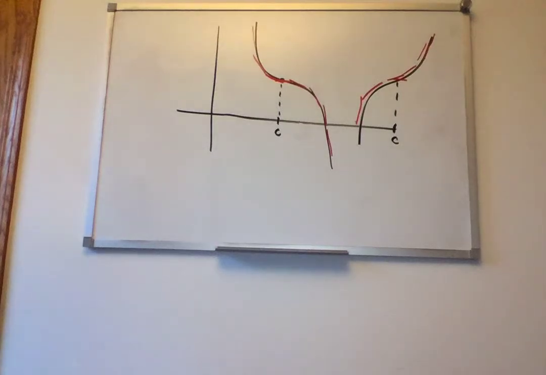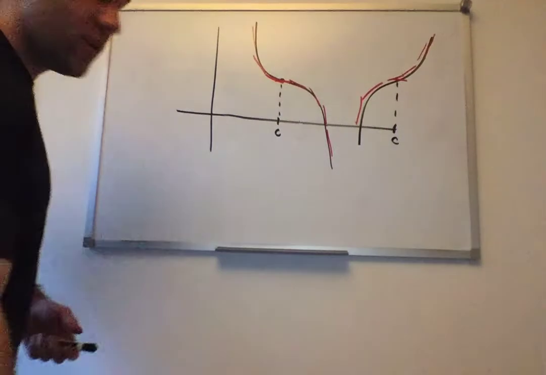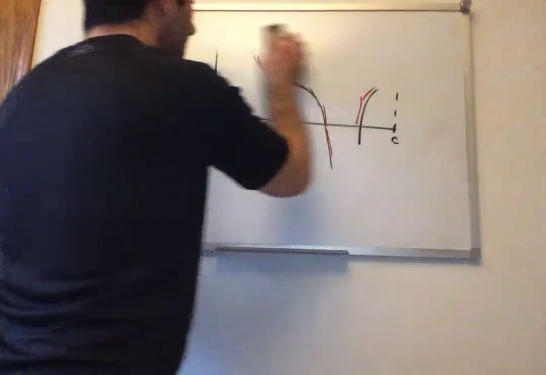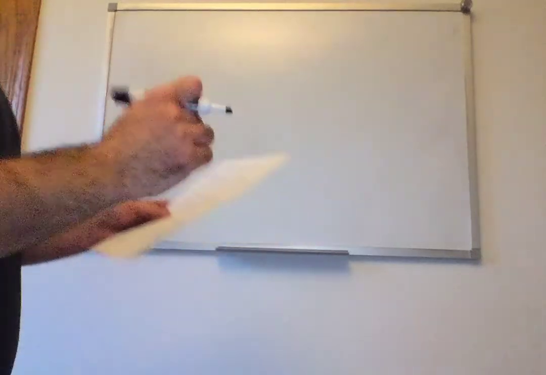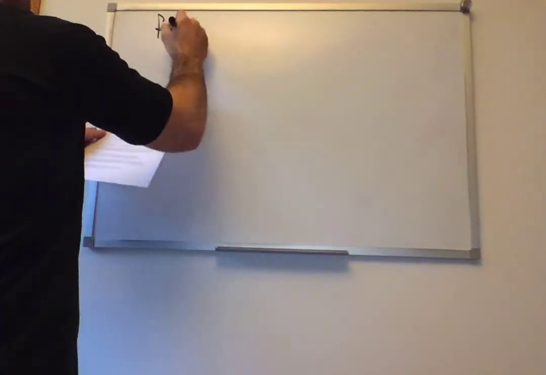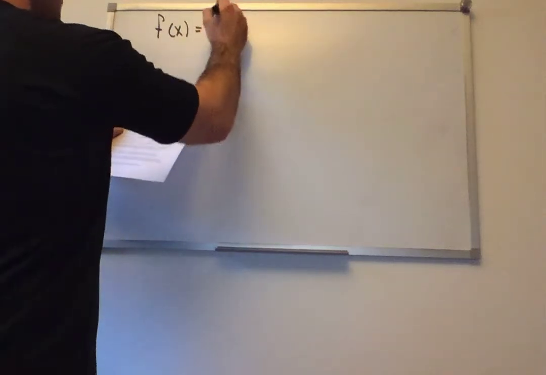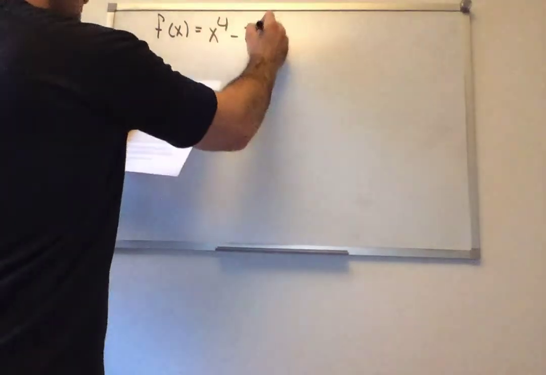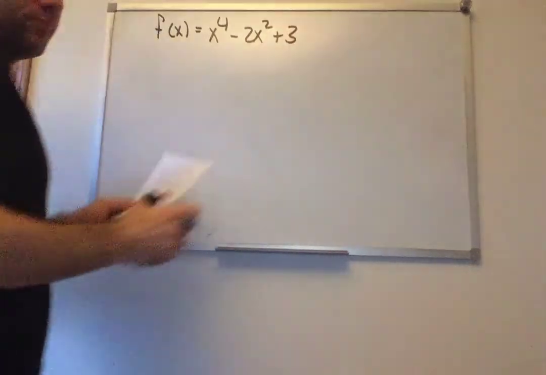Okay, so let's go ahead and do some examples to find where the local mins and local maxes are, using the first derivative test. So we've got our first function, f of x equals x to the fourth minus 2x squared plus 3.